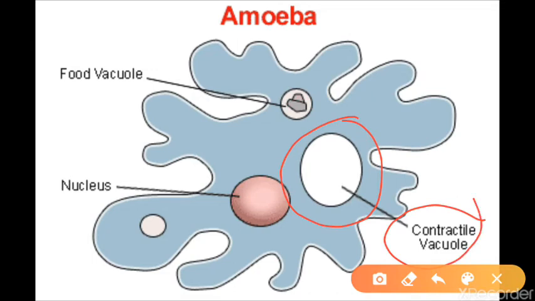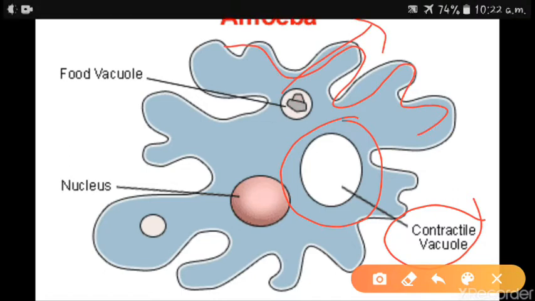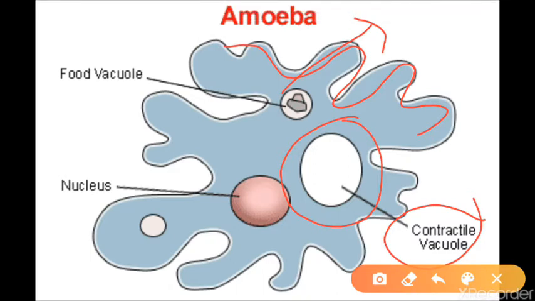Through this contractile vacuole they remove the excess water, or whatever waste is produced in the amoeba. And if there are watery substances, they have the cell membrane. Through the cell membrane, by the process of diffusion, they remove the extra waste.